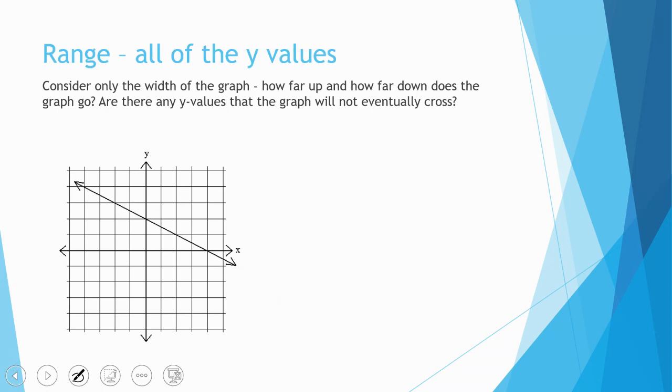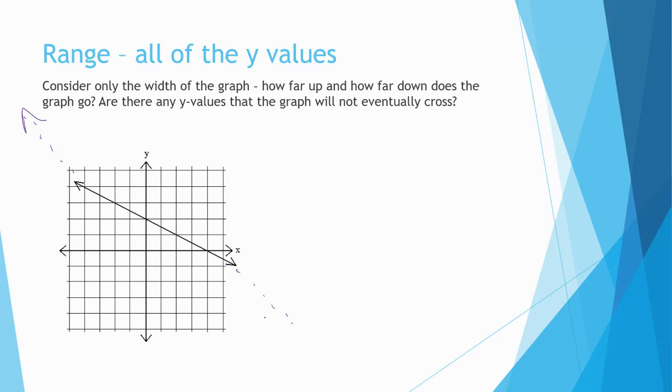The range, on the other hand, is the height of the graph. How far up, how far down does it go? Are there any y values that it won't eventually cross? Don't get hung up on the y-axis, just any height or depth that the graph will not cross. This is going to keep going up and up and up forever.